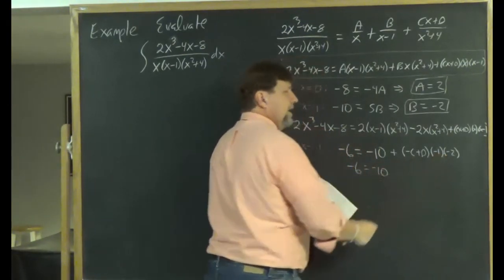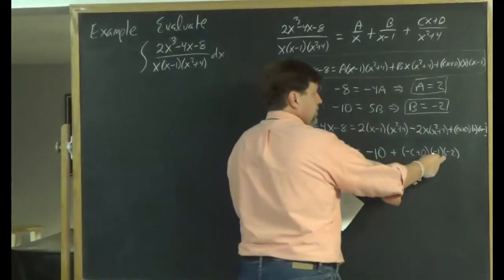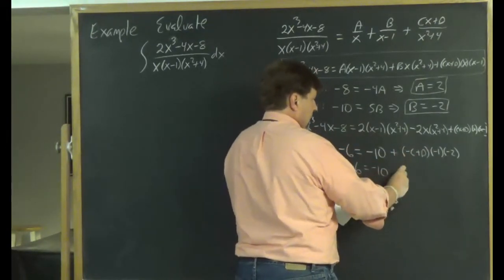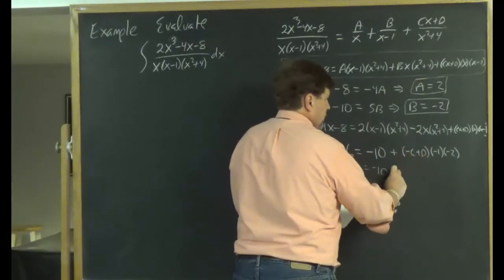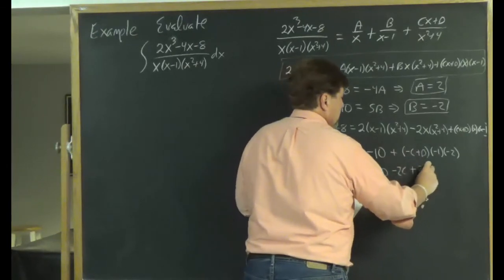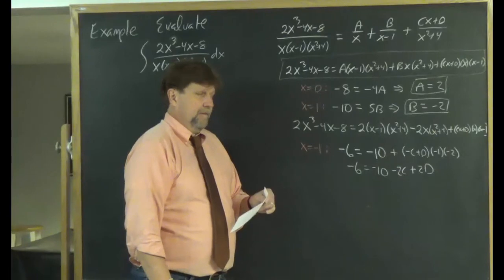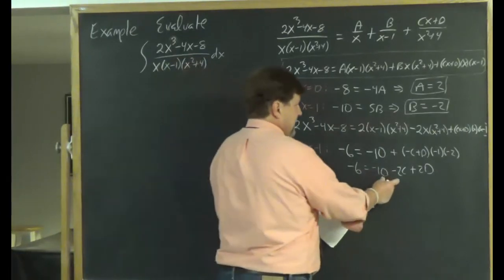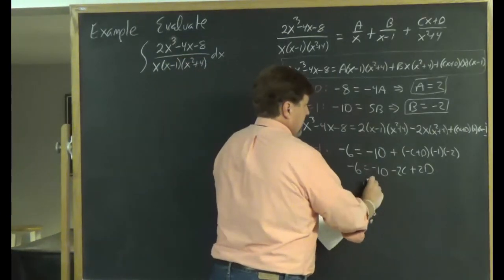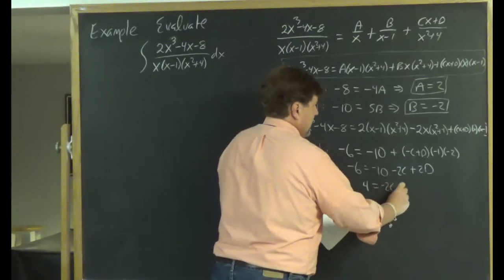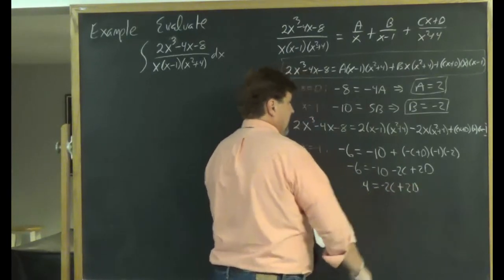Negative 1 times negative 2 is 2, so if I distribute that 2 on through, I get negative 2c plus 2d. If I add 10 to both sides, I get 4 equals negative 2c plus 2d.